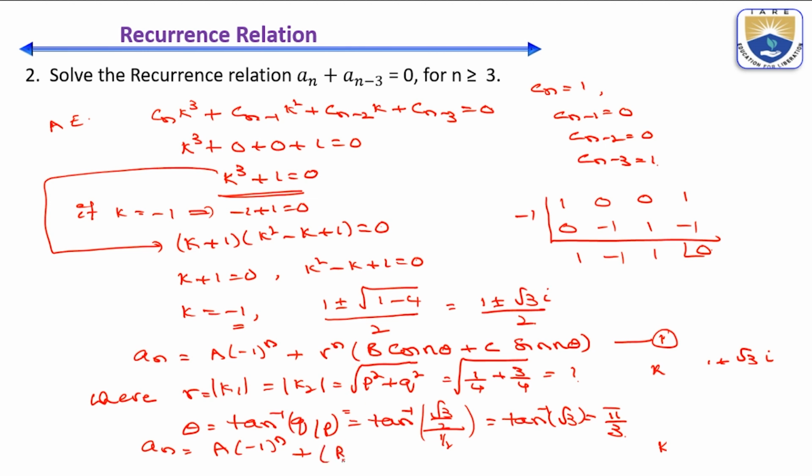So then it is b cos(n theta), and theta is equal to pi by 3, so b cos(n pi by 3) plus c sin(n pi by 3). So this is the solution for the given recurrence relation.